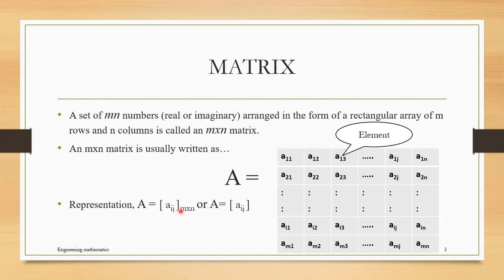After the bracket we represent the order of the matrix, m by n, meaning m rows and n columns. So we can simply represent this as A equals the bracket aij.